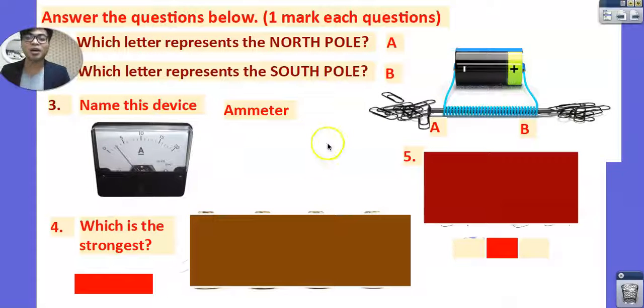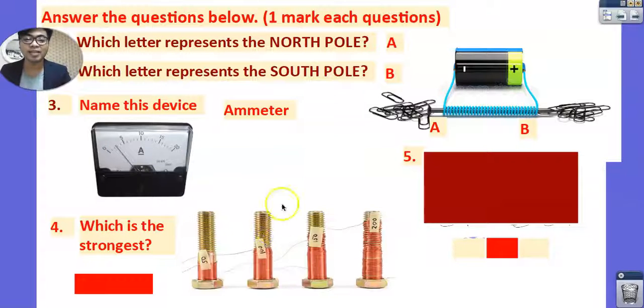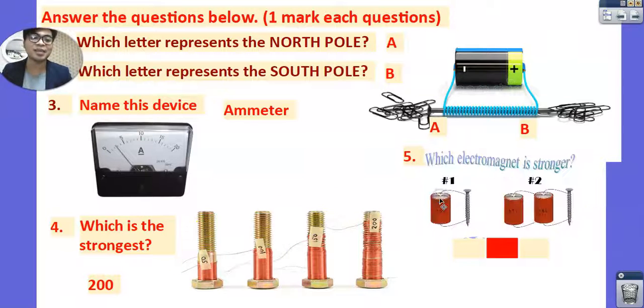Question number 4. Which is the strongest of the 4 electromagnets in here? The 50, 100, 150, or 200? You're absolutely correct. It is the 200. And this is the last question. Which electromagnet is the stronger between the two?